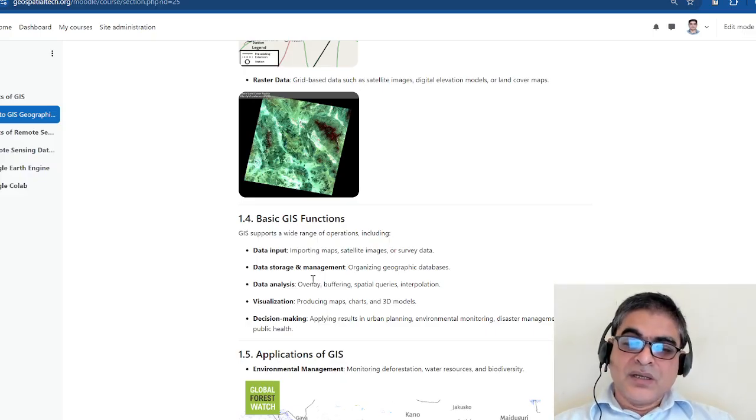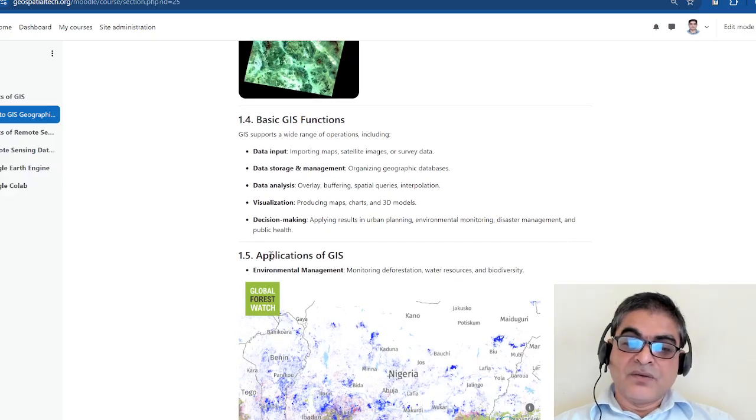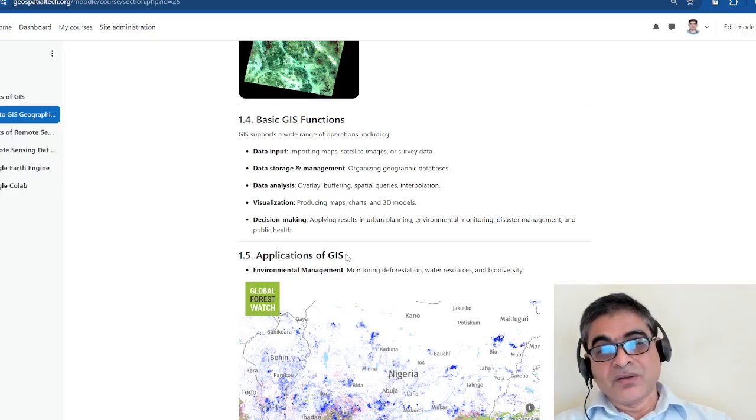So the next part is the applications of GIS. There are many applications, whatever is related to the surface of the earth, whether this is geology, biology, mass communication, natural resource management, geography, sociology, archaeology, civil engineering, even architecture.